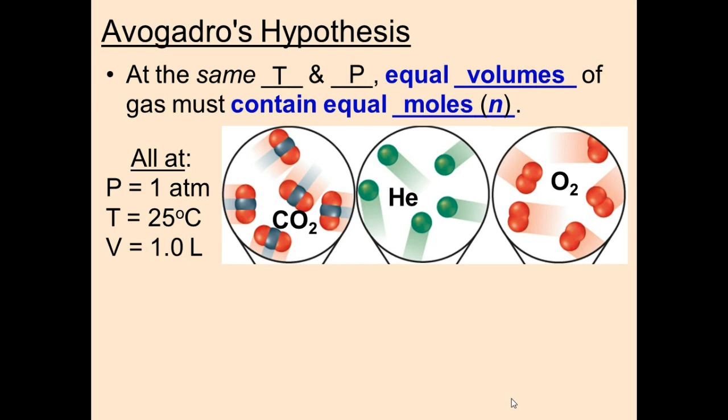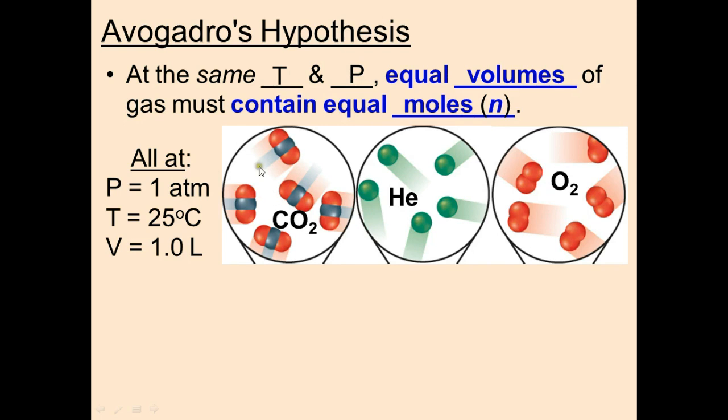It sort of makes sense because remember, number of moles is sort of just the number of particles inside, and volume is just how much space this container takes up. If you have the same temperature and pressure, that means there's the same speed of these particles, and pressure means that there's the same force pushing down on these containers.